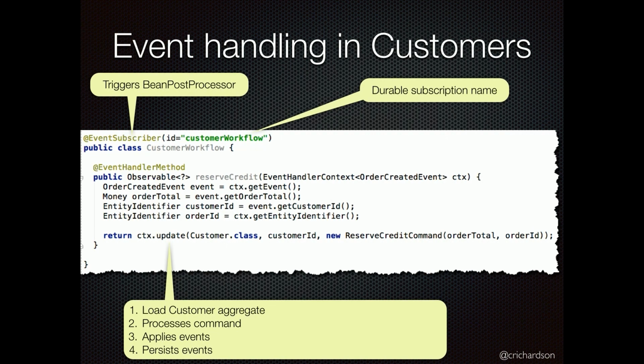In this particular example, it loads the customer, processes the command, which is the reserve credit command, applies the events that result from that, and then persists the events in the event store. It's analogous to the aggregate repository, but this is used in the event handling scenario.